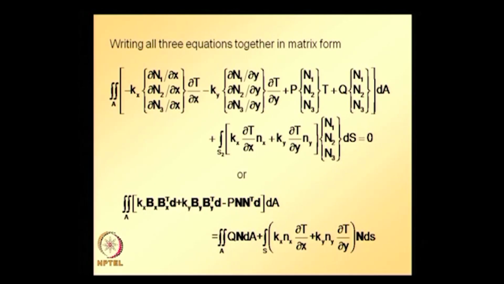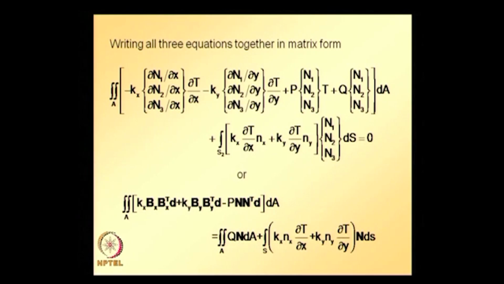Thus, the integral over S1 can be ignored from the element equations. The integral over S2 can be evaluated using the specified natural boundary conditions. So, that is the reason the first equation can be rewritten as given in the second equation, where the boundary integral over S2 is replaced with the integral over the entire boundary.